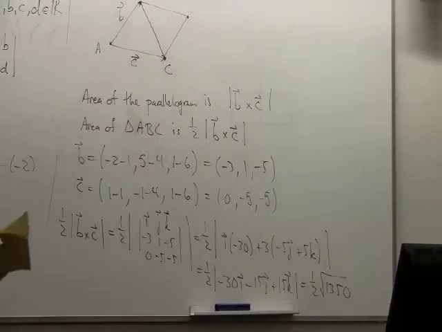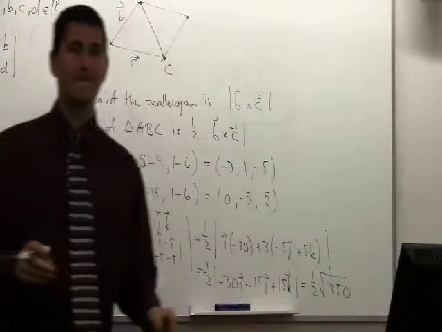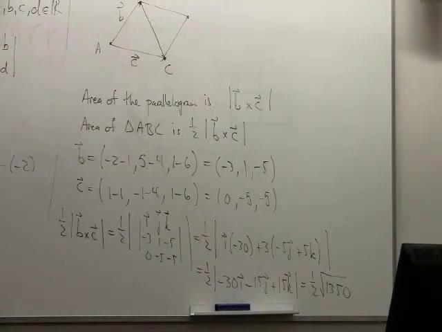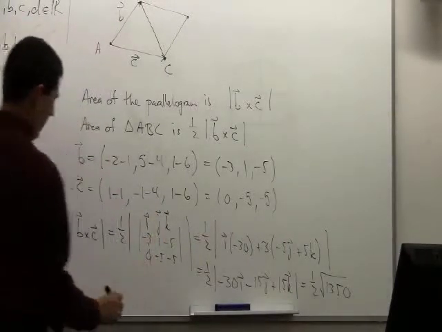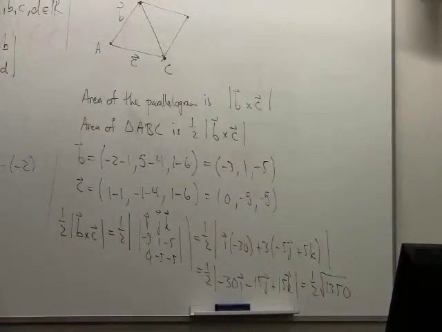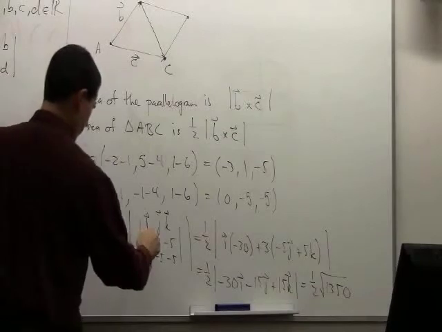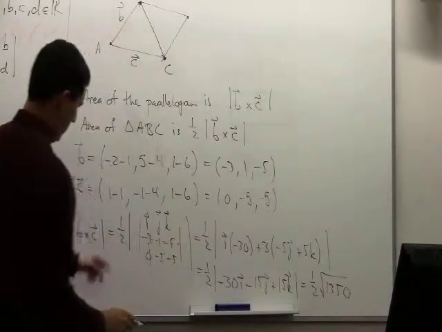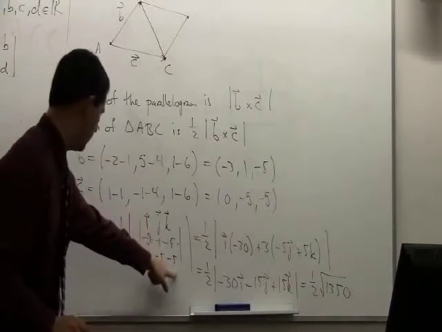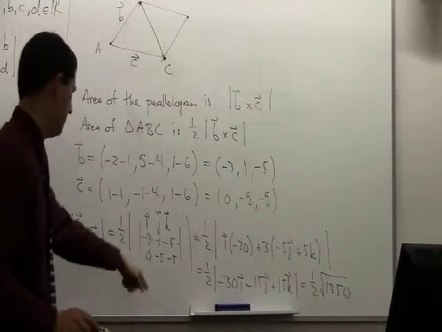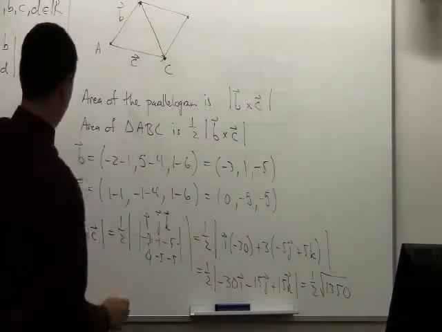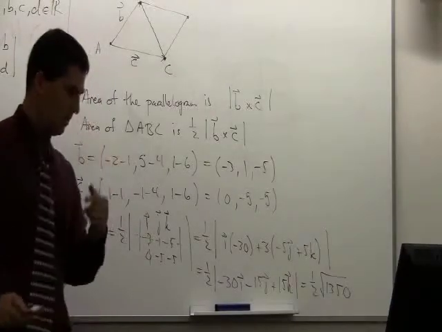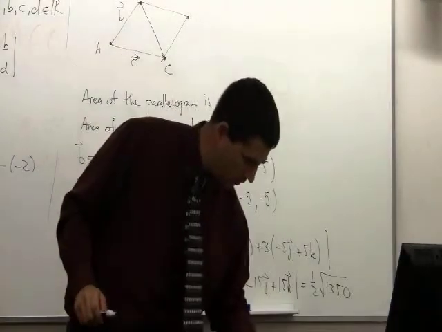Bonus points if you can resolve that. Which column or row did you pick? So I was using that column. So when I did this one here, should have gotten minus 5j and then plus 5k times minus 3 times minus 1.